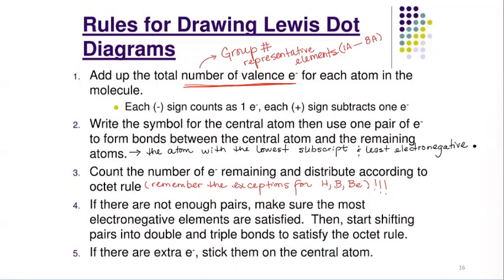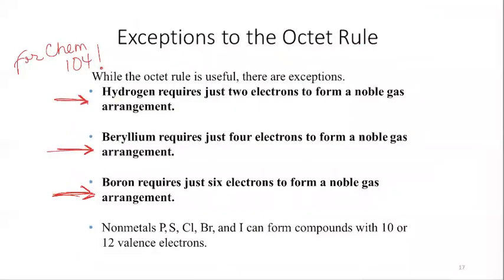So, as you can see in the next slide, hydrogen requires only 2 electrons to form a noble gas arrangement. That's why whenever we see hydrogen, for the most part in covalent bonds, it looks like this. It has only 1 line next to it. Beryllium requires 4 electrons to form a noble gas arrangement.